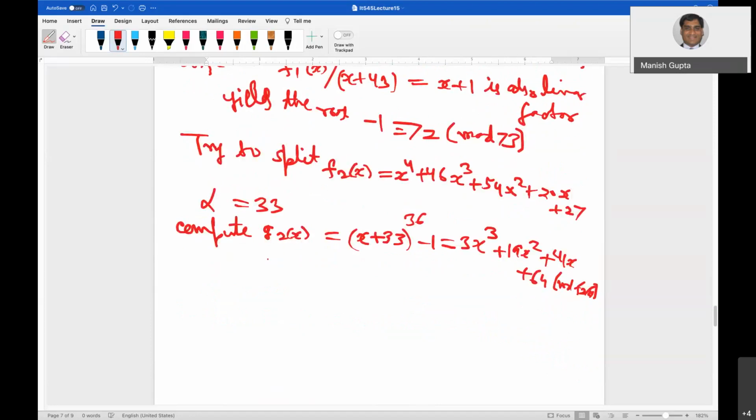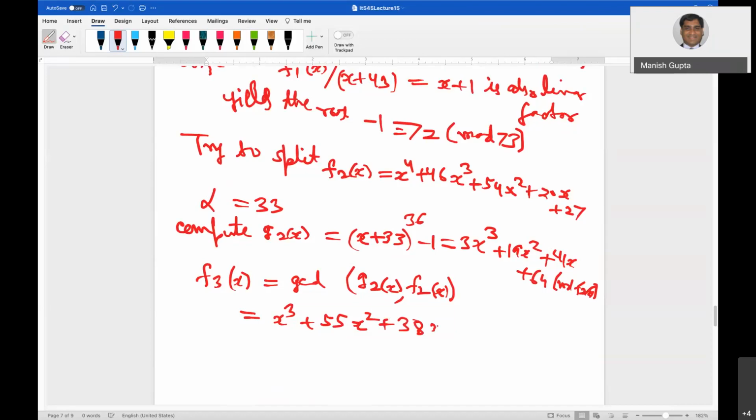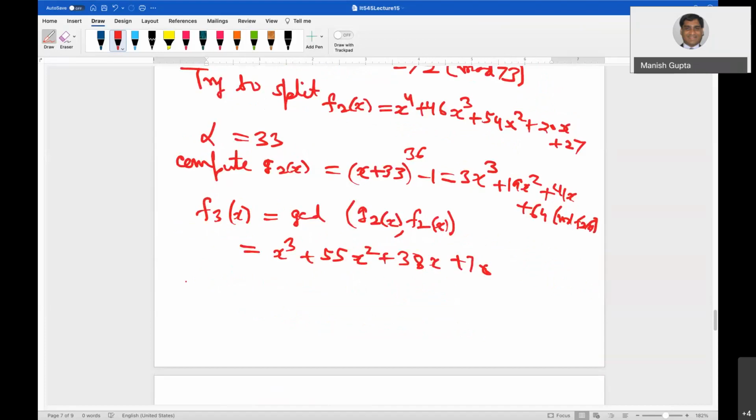So now we can compute f3 of x. We will compute the GCD of g2 of x and f2 of x, and it turns out that the GCD is x cube plus 55x square plus 38x plus 70. So one factor has come in our GCD, so the other cofactor we can extract.